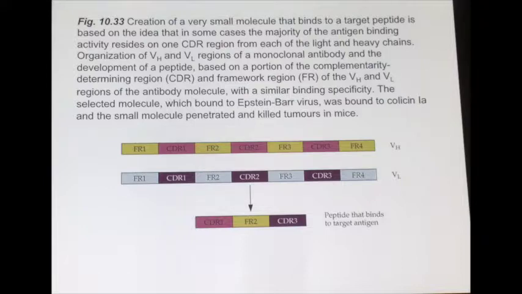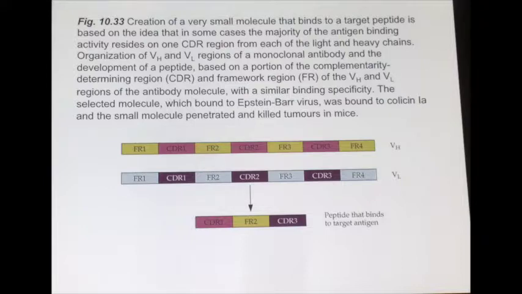I'm showing the variable portion of the heavy chain, the variable portion of the light chain, and I'm emphasizing the framework regions and the CDR regions. And yes, I know that they're not all the same size, but I'm showing them all the same size. To make it clear that the CDR and the framework regions are different for the two chains, I've used different colors in their representation.